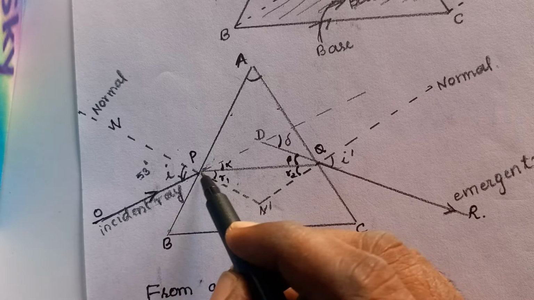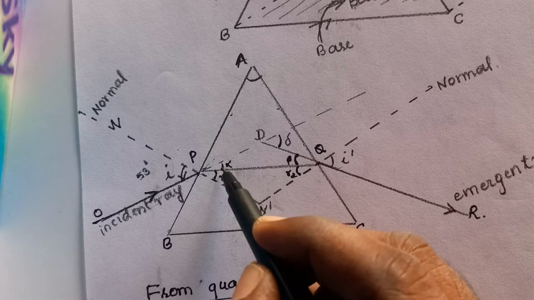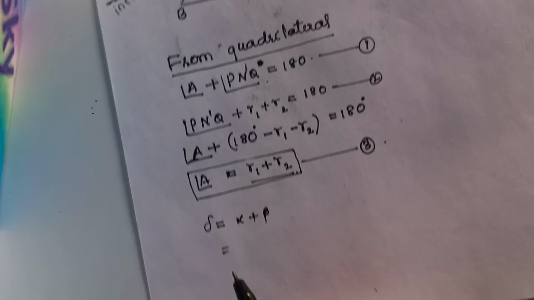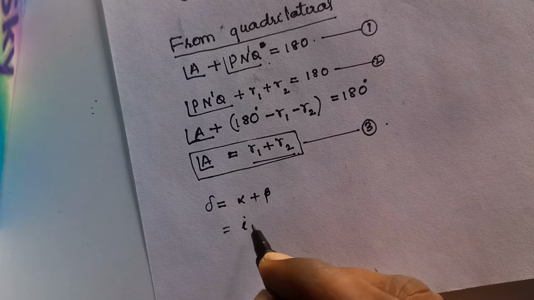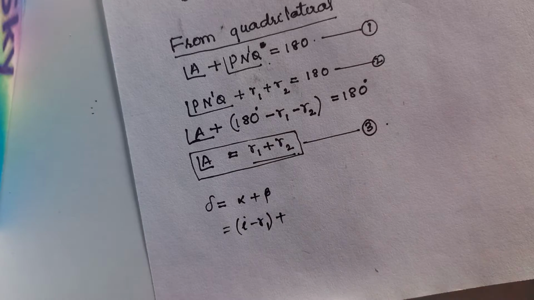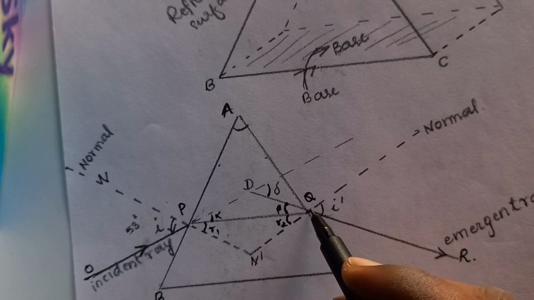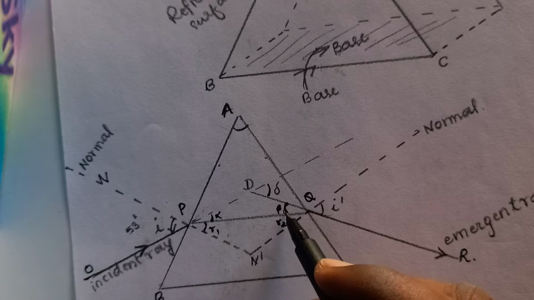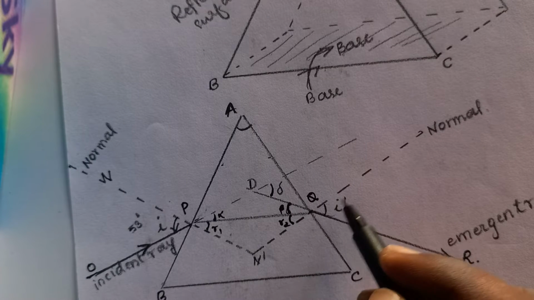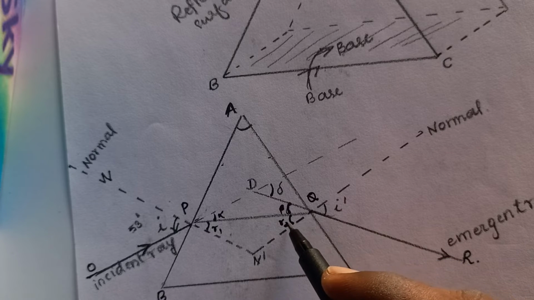So we get I minus R1 is equal to alpha, plus beta. From this figure beta is this angle, which is I dash minus R2, where I dash is the emergent ray angle.